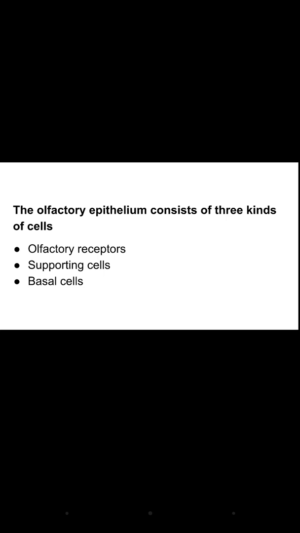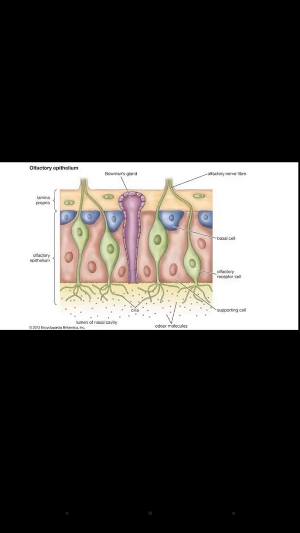Now, this olfactory epithelium has three kinds of cells. These are receptors, supporting cells, and the basal cells. See here, this is the olfactory epithelium. There is olfactory receptor cell, basal cell, supporting cells, and the Bowman's glands also. So see, there are various chemicals. These are called odor molecules.